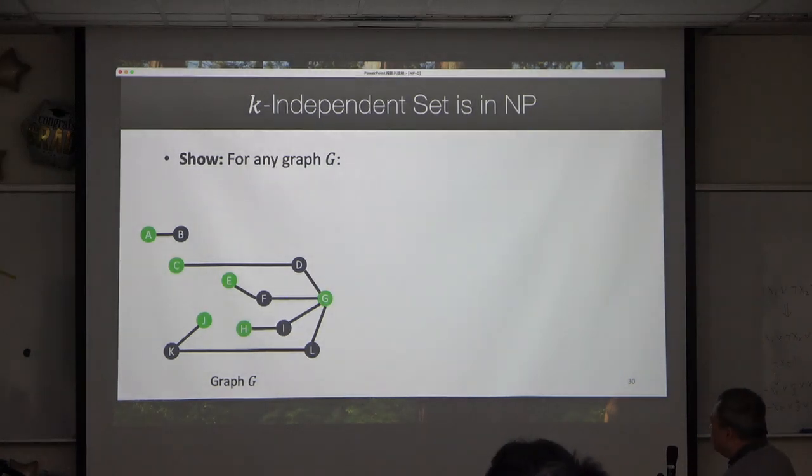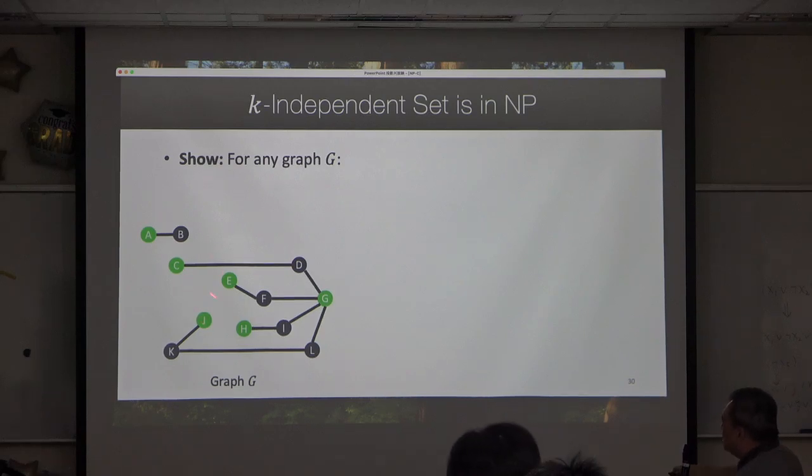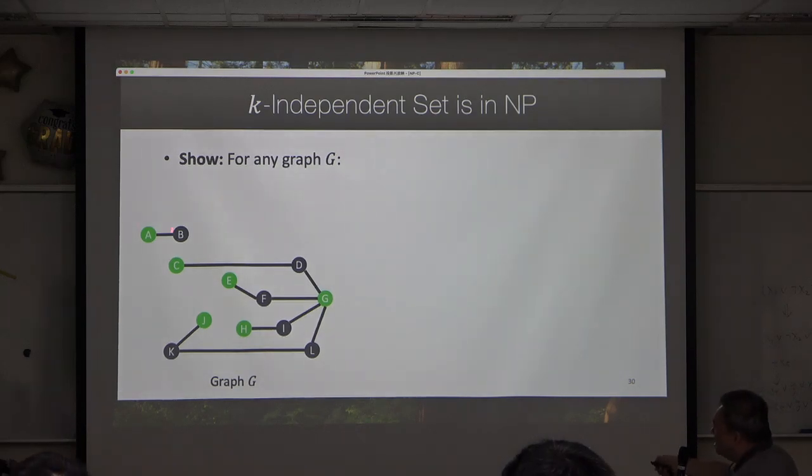For example, in this graph, you can see the green vertices, C, E, G, H, J, do not share any edge between them, right? Oh, there's one more, A. The graph doesn't have to be connected.